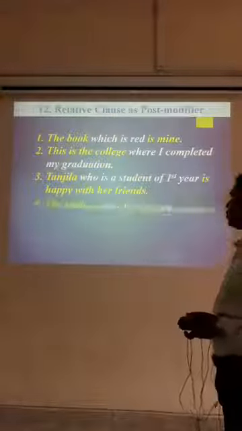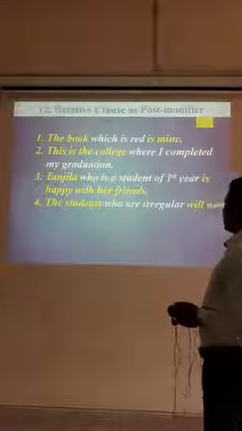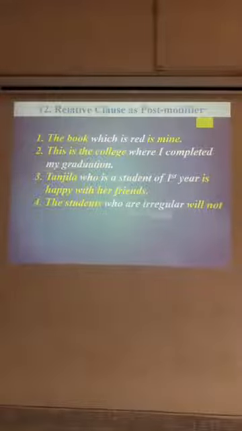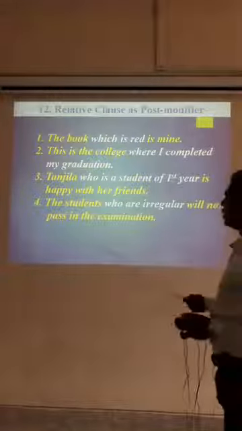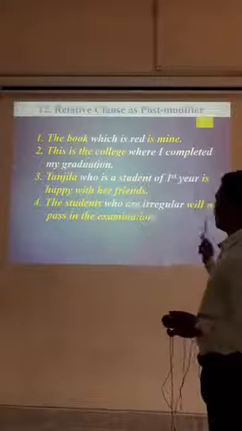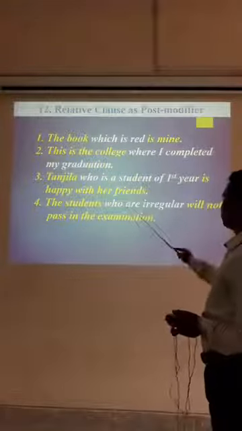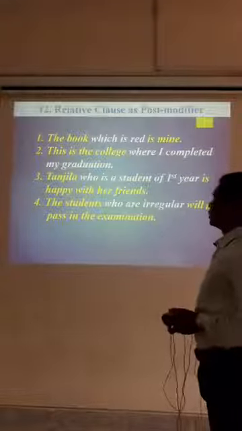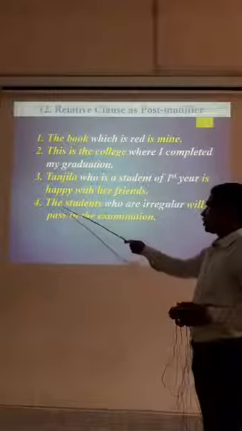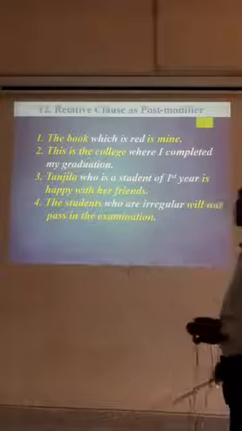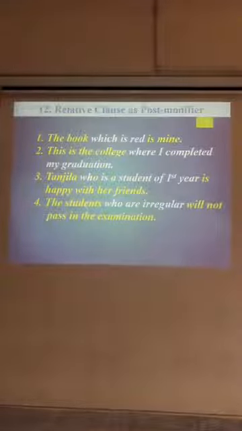Number 4, the students who are irregular will not pass in the examination. Who are irregular is a relative clause used here after the word students. So it acts as a relative clause and is used as a post modifier.